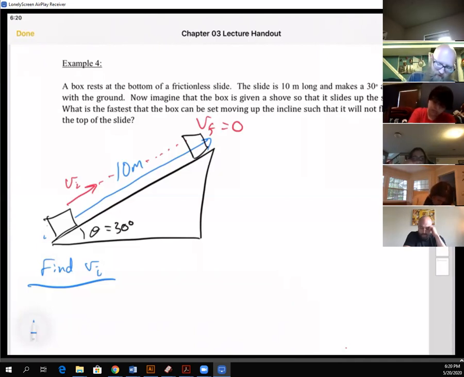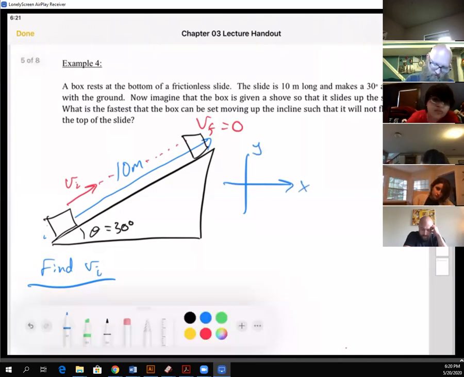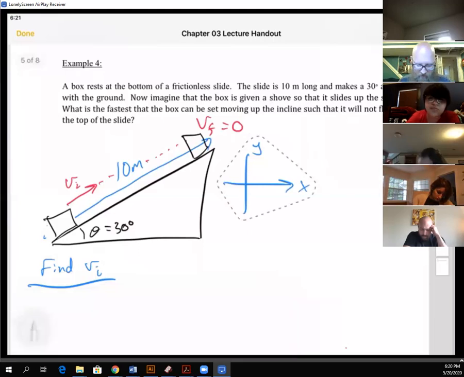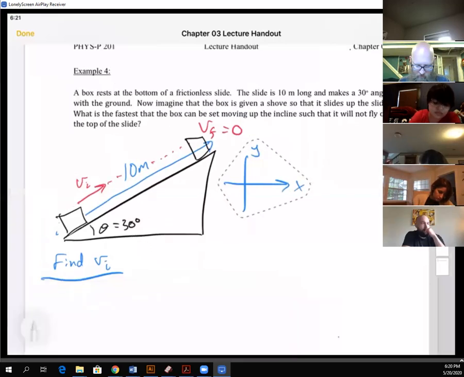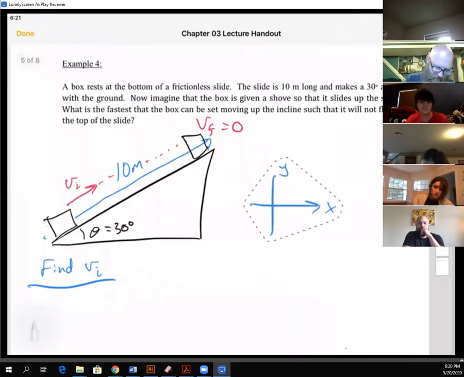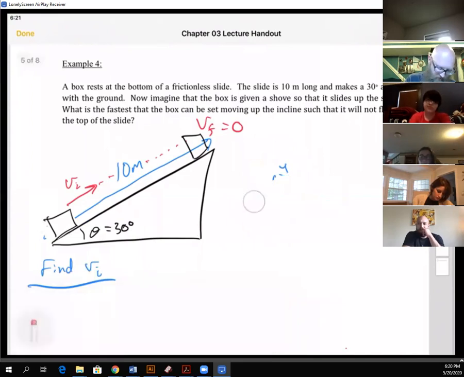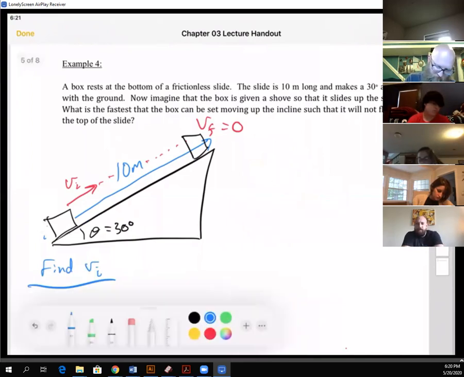Again, if we set up axes this way, here's X and here's Y, the motion here is in both the X and Y direction. But if we take that and tilt it, I doubt I can do this, but I'm going to try it. The magic of the pencil has broken. It's fine.